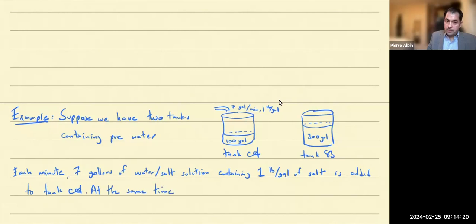At the same time, 7 gallons of the mix in tank B is drained out. So here we have a little spout coming out, and we have 7 gallons per minute.